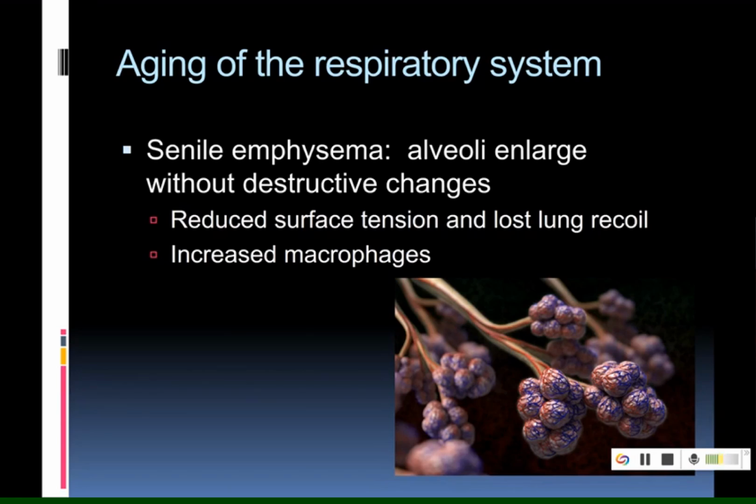Part of this may be due to the accumulation of what we call the senescent cell phenotype. These are large fibroblasts that reside in tissue. They no longer have replicative potential, but they tend to exude inflammatory signals, thereby potentially recruiting more macrophages into the system. That may be one of the theories behind the so-called cytokine storm that occurs with aging.